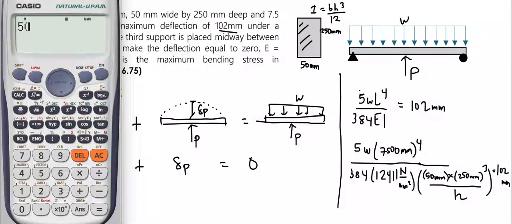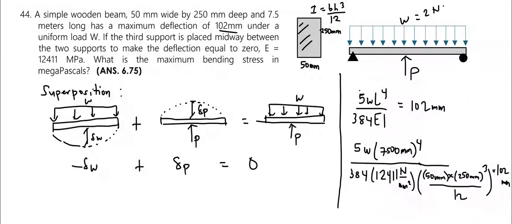Now we can solve for W. We have 5 times the length of 7,500 raised to the 4th power divided by 384 times EI, equal to a deflection of 102. Shift solving, we get W equal to 2 Newton per millimeter.